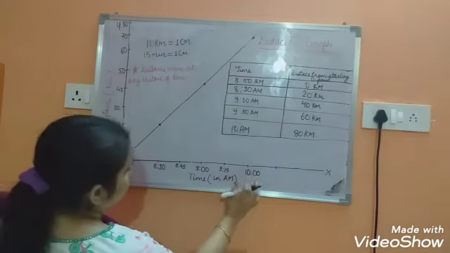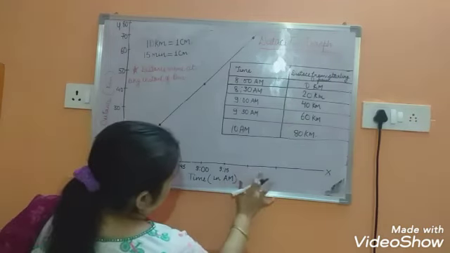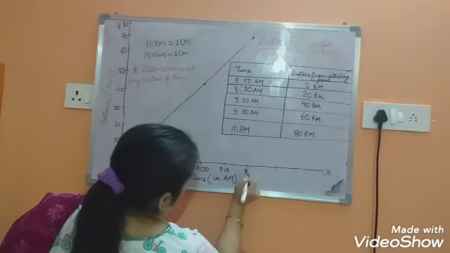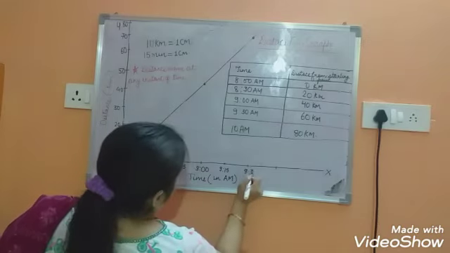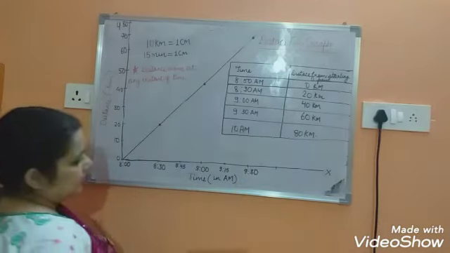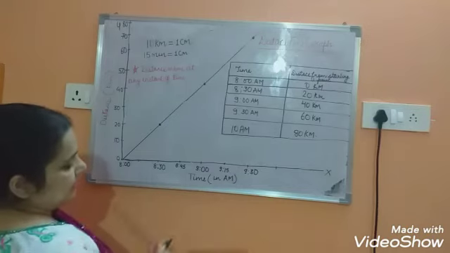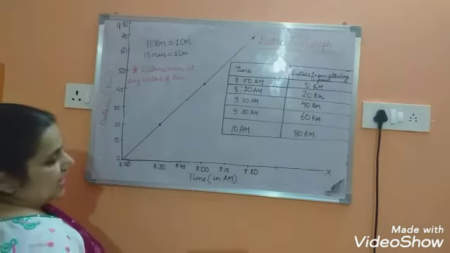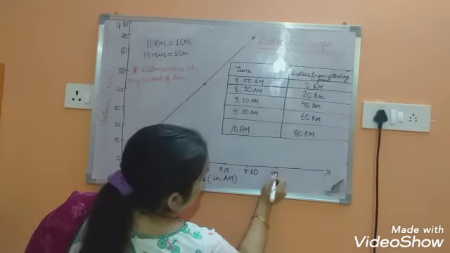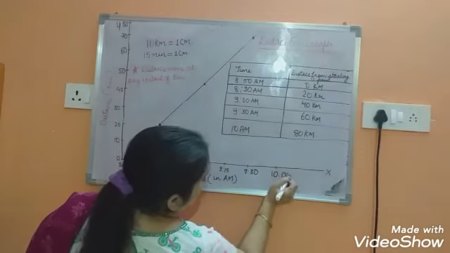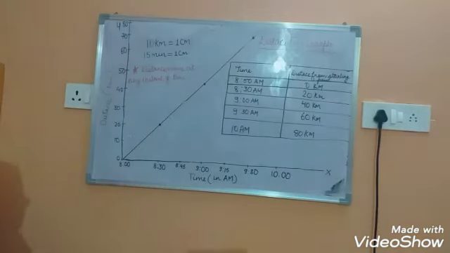And 9:15 to 9:30, again 1 centimeter, and 9:30, this is 10 am. Fine. So in this way, you can see this is the graph.